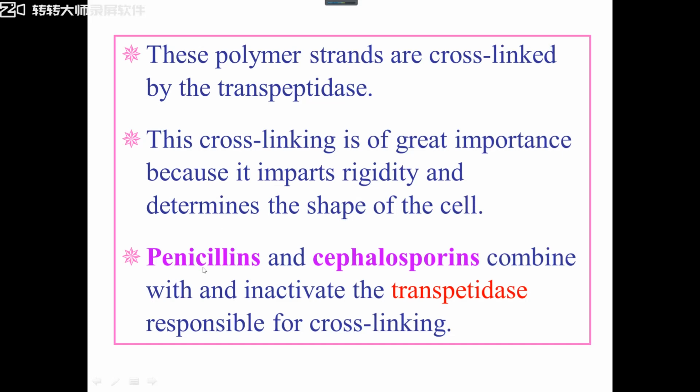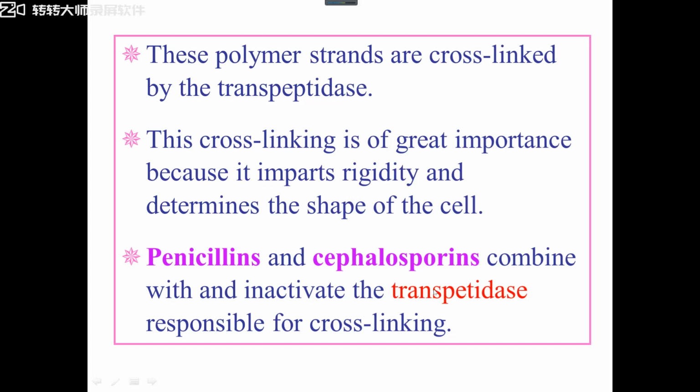So later we will study penicillins and cephalosporins and vancomycin. These drugs can combine with and inactivate the transpeptidase and then inhibit cross-linking, inhibit cell wall synthesis.